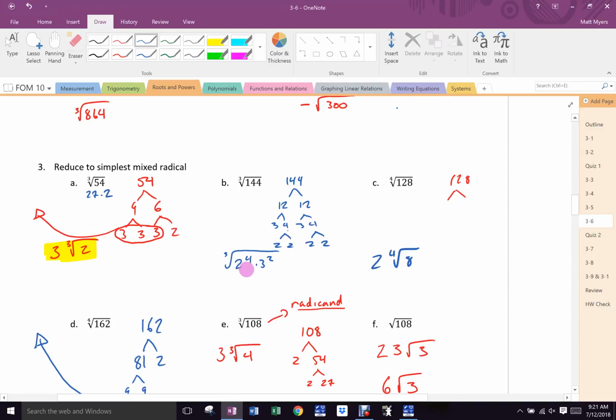Okay, I'm going to write this out the long way because you appear to be having issues. That is 2 times 2 times 2 times 2 times 3 times 3, correct? Do you see a group of 3 in there? Where? Right there. So what comes out here? 2. What stayed under there? 2 times 3, which is? What's 2 times 3? And what's 6 times 3? 18.